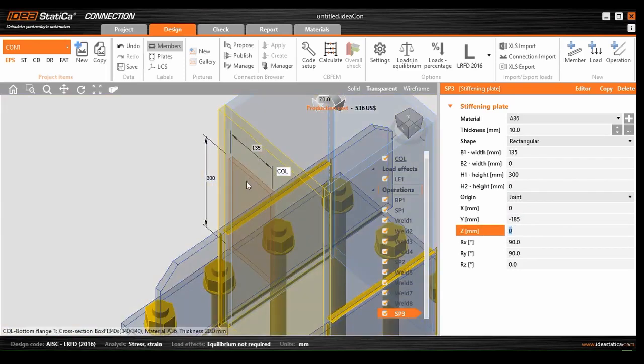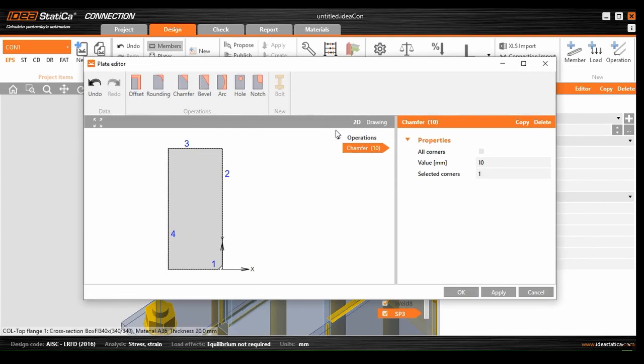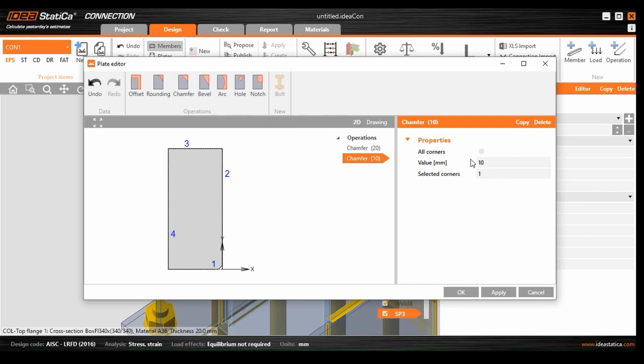Okay, the plate is now located in the right position. Go to the editor, click on chamfer, select the corner 1, and change the value of it to 20. Create another chamfer and select corner 3 and give 50 mm as its value. And then press OK.